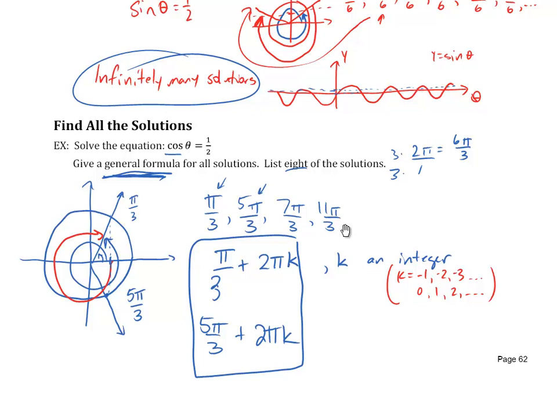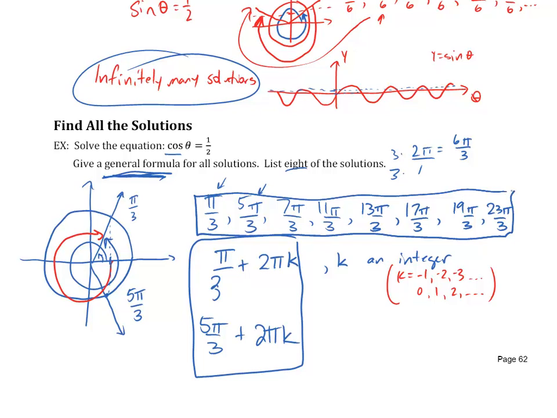And I've got 4 of the solutions. To get more, just keep adding 6 pi over 3. So 6 pi over 3 added to 7 pi over 3 is 13 pi over 3. And 6 pi over 3 added to this is 17 pi over 3. Do it again. So I got 19 pi over 3 and 23 pi over 3. There are 8 solutions right there. Of course, I could have subtracted 6 pi over 3 from any one of these as well to go back in the other direction if I wanted to.